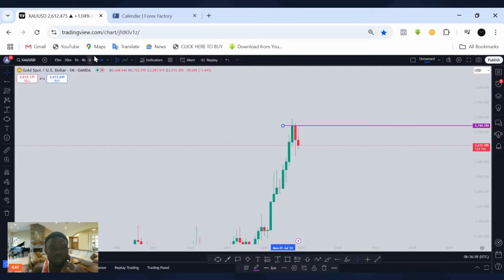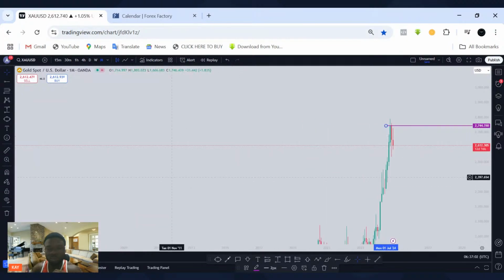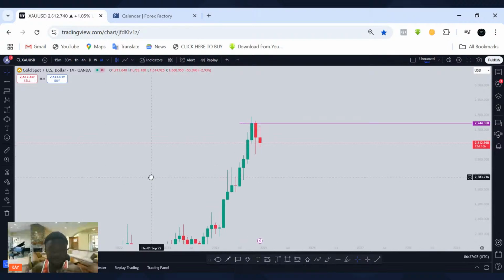If you look left, you don't have any price action to the left, because gold at a certain point got to an all-time high, so there was no price action to the left.